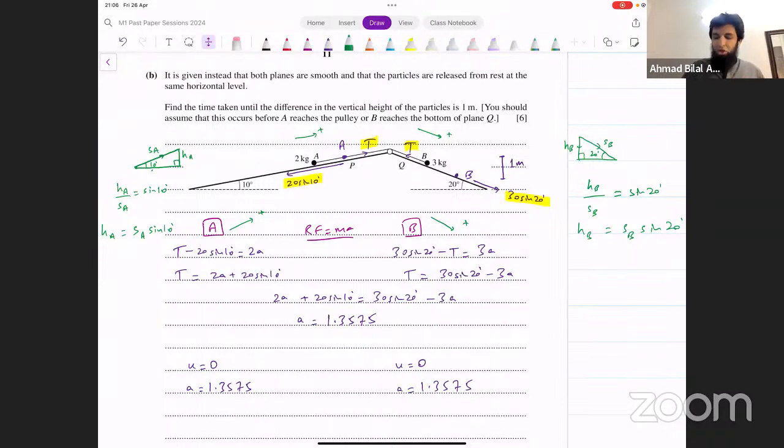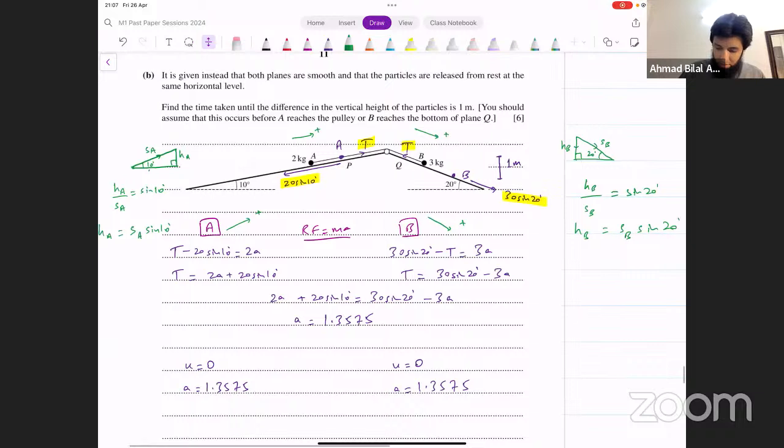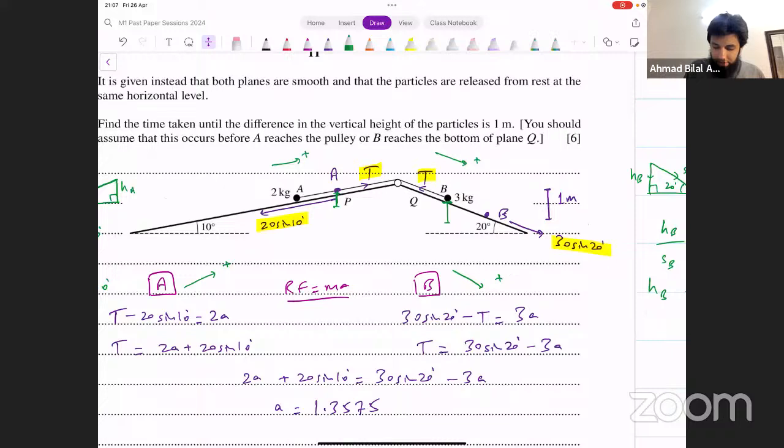The total of that was 1. So basically we're saying A is moving a certain distance upwards and B is moving a certain distance downwards vertically. We're calling this HA and we're calling this HB.